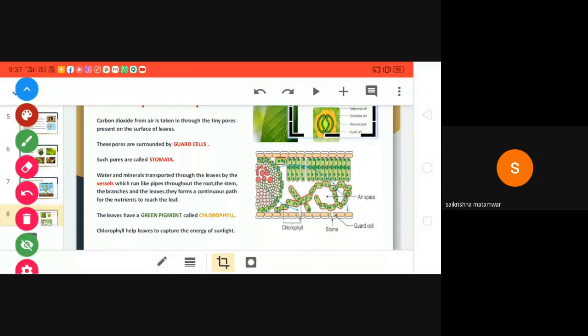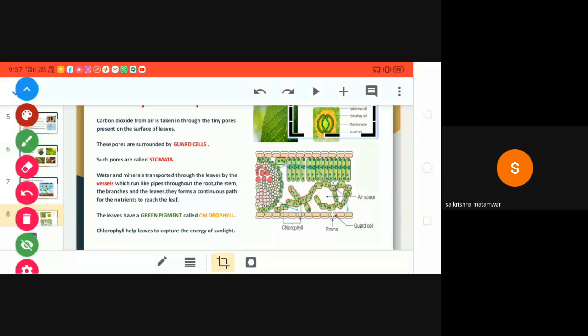Next, water and minerals are present in the soil. How do the water and minerals reach the leaves? Because there are some pipe-like structures present in the plant, and those structures are called vessels.